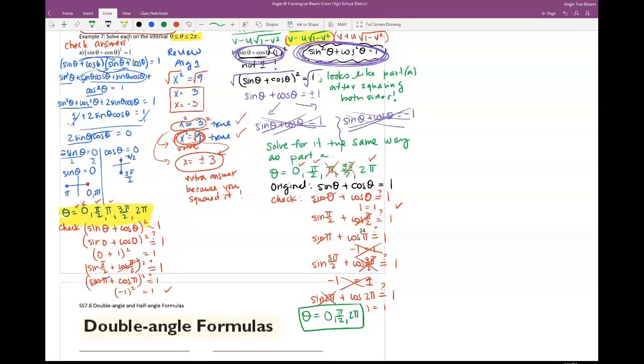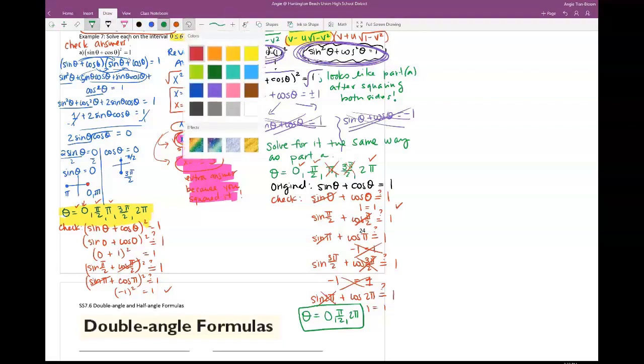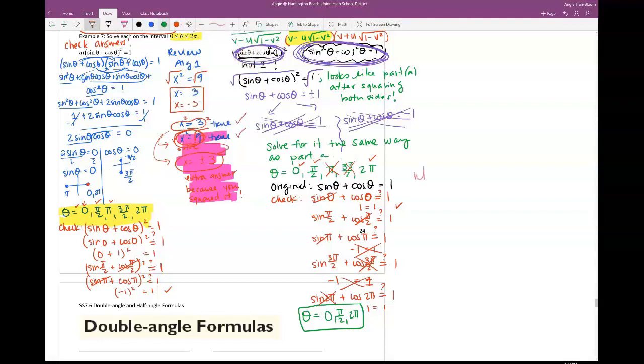But in part B, we had to square both sides so we can manipulate the identities to solve. When you square both sides, you have extra answers. So the rule of thumb is when you square both sides, you should always check your solutions, okay?